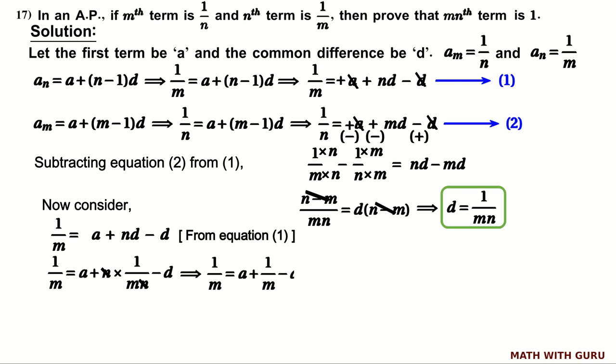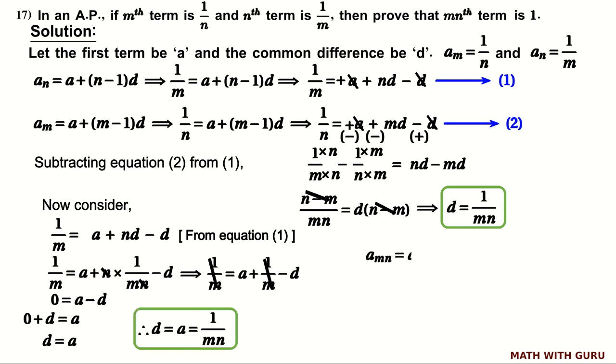This implies 1 over m equals a plus 1 over m minus d. We have 1 over m on both the sides. They get cancelled. We get 0 equals a minus d. 0 plus d equals a, that is d equals a. Therefore, d equals a equals 1 over mn. Value of a is also 1 over mn.